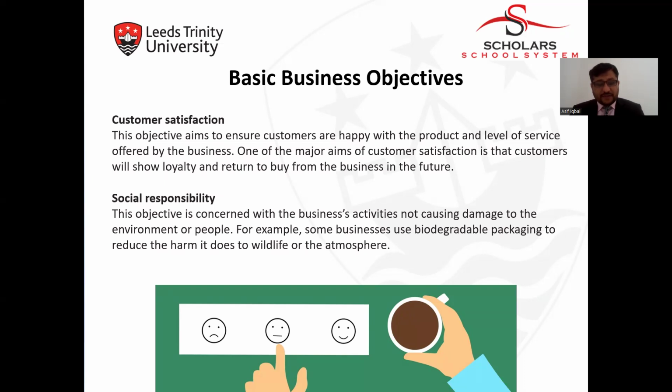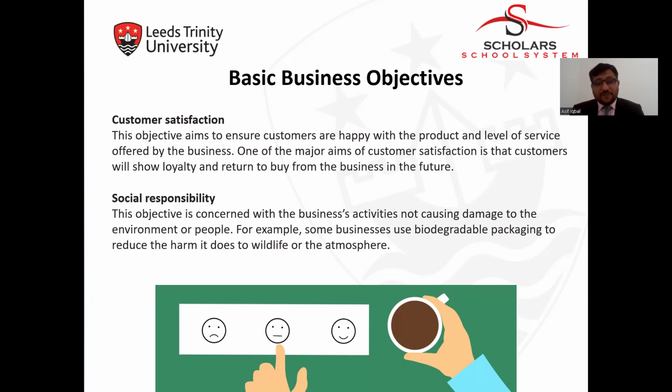The next objective is social responsibility. The objective is concerned with the business activities not causing damage to the environment or people. Every business is concerned that whatever activities they are doing are not going to damage the environment or the people.